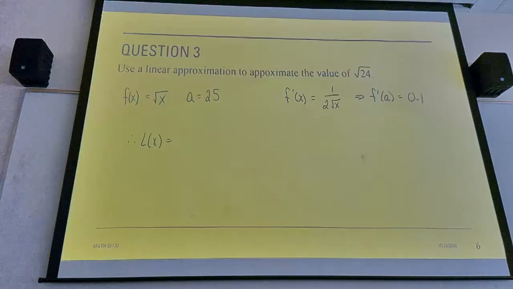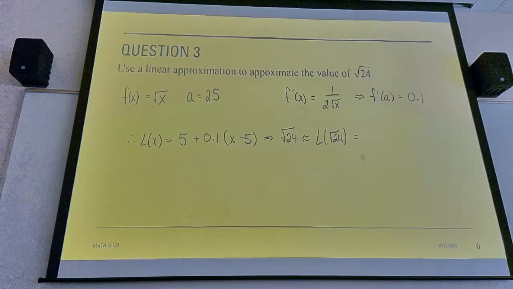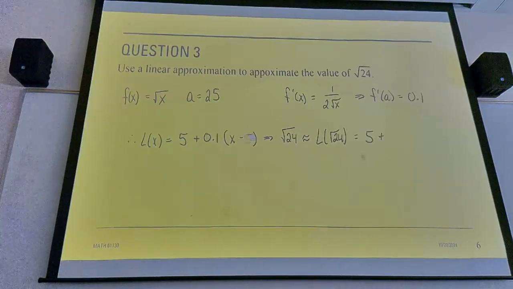F of A. There's the linearization. Root 24 would be about L of root 24. Oh, I'm sorry. That should be x minus 25, not 5.